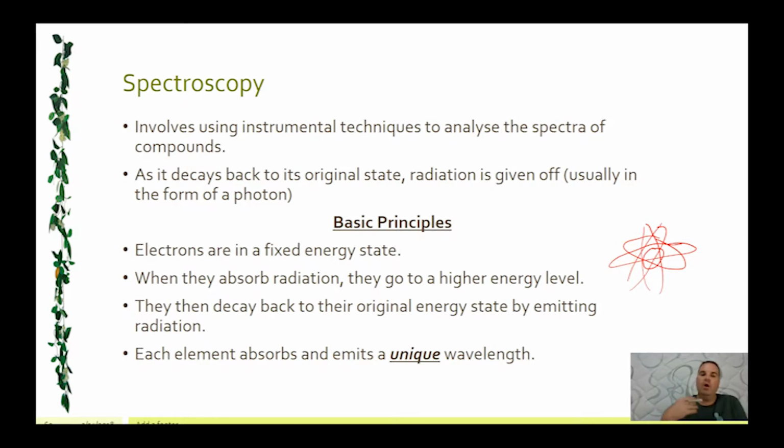When they absorb radiation, light for example, they go to a higher energy level. If we're looking at atomic absorption spectroscopy, we look at the energy that they absorb in going up to that higher energy level. If you're looking at emission spectroscopy, you look at the energy they then give off when they decay back to their original state. They normally give off a photon, which is a form of energy.